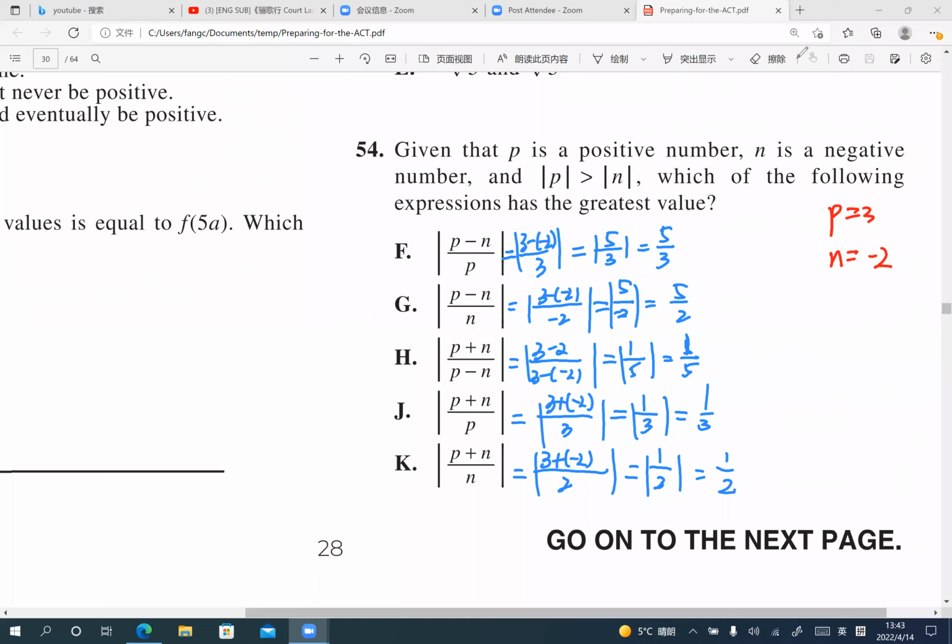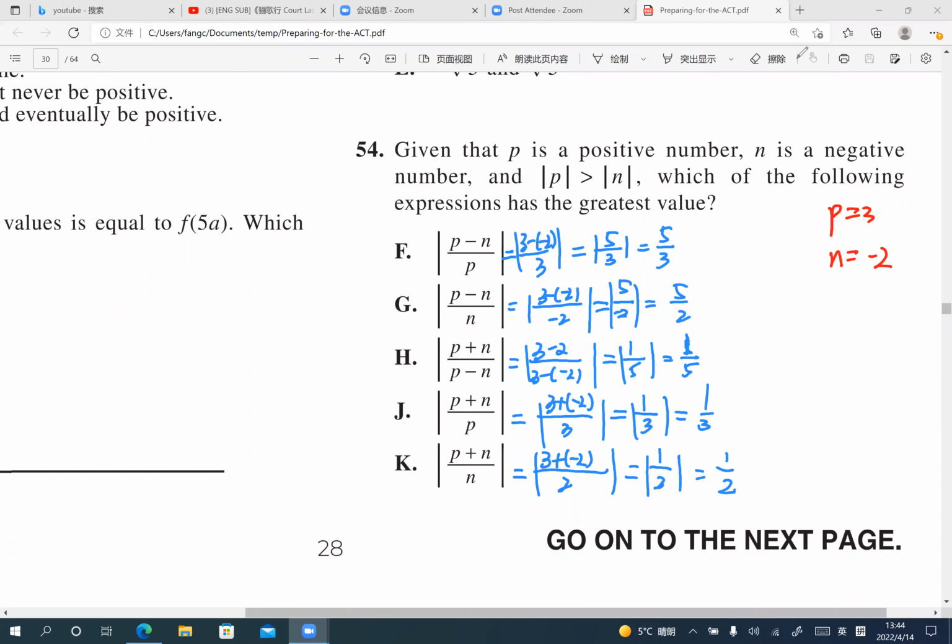Question 54. Given that p is a positive number, n is a negative number, and the absolute value of p is greater than the absolute value of n, which of the following expressions has the greatest value? We can select two numbers, one for p, one for n, that satisfy the given condition.